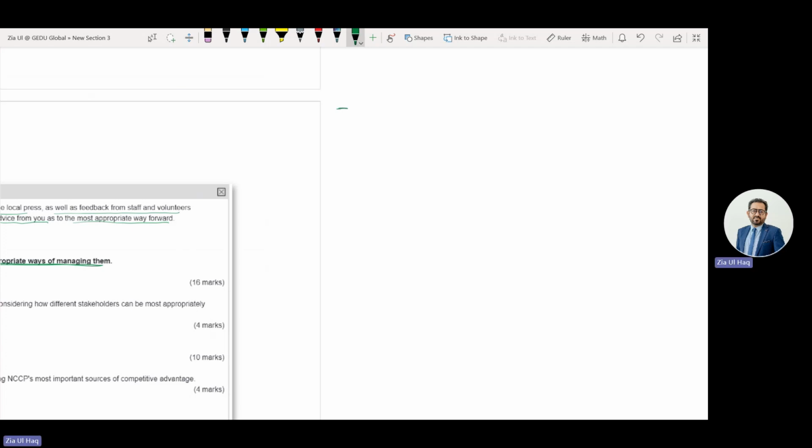Council is a stakeholder. Savile Council is a stakeholder. Who else? Donors, corporate and personal donors. They are stakeholders. Who else? Employees are stakeholders. Board of trustees.